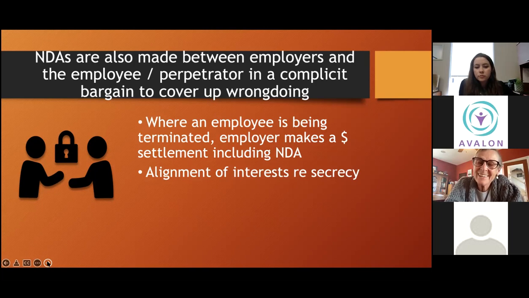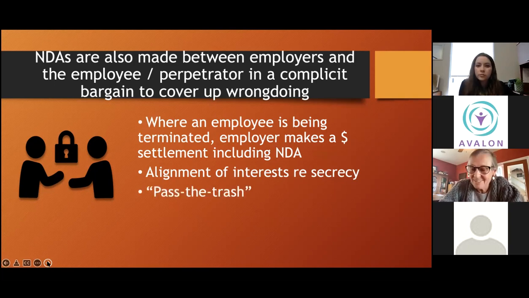I often say if employers were responding appropriately and immediately to allegations of sexual harassment and sexual misconduct in the workplace, then they could stand tall if they then investigated and terminated. But because this has gone on for so long and there's so much history, they don't want that coming out in public either. So the employer and the employee are basically complicit in this bargain.